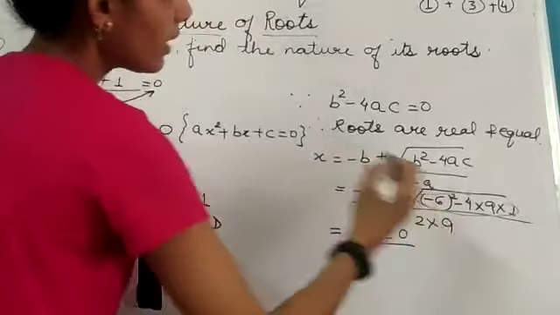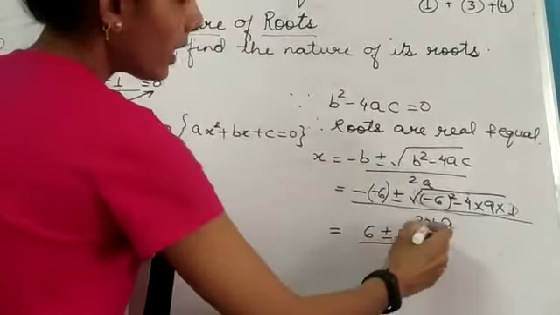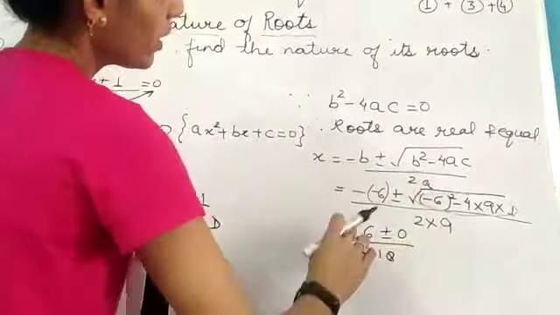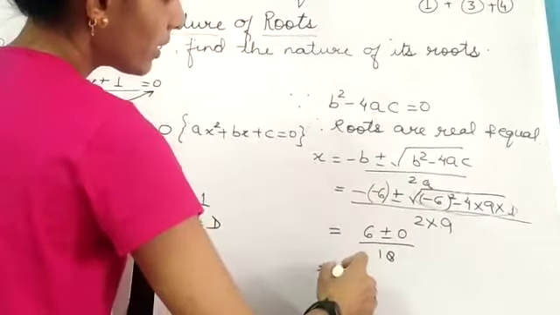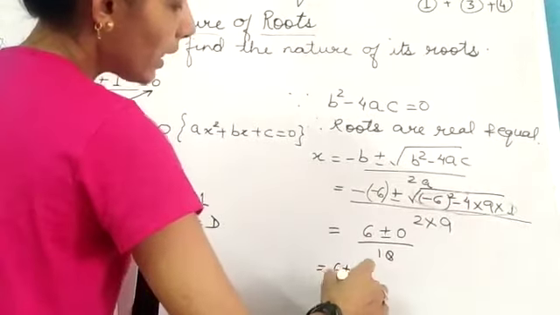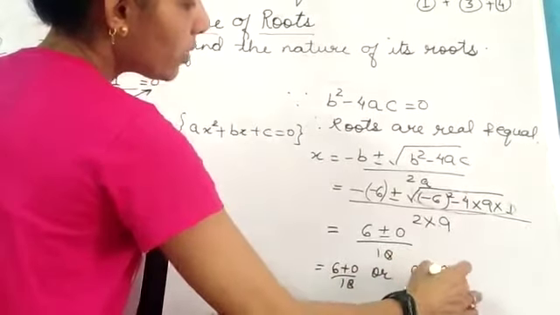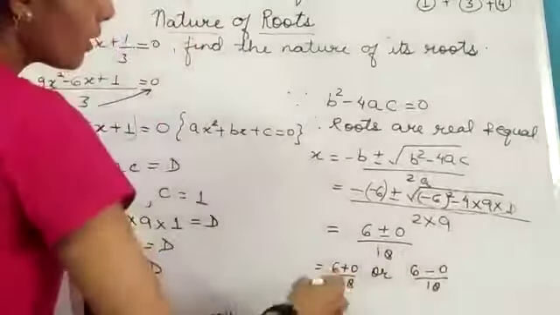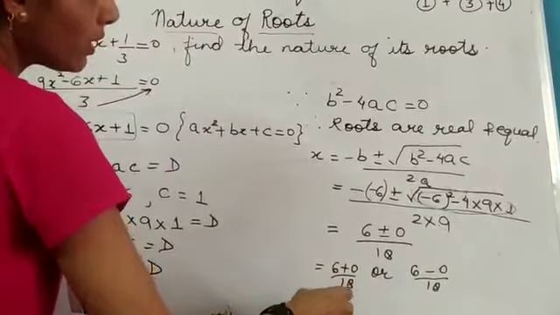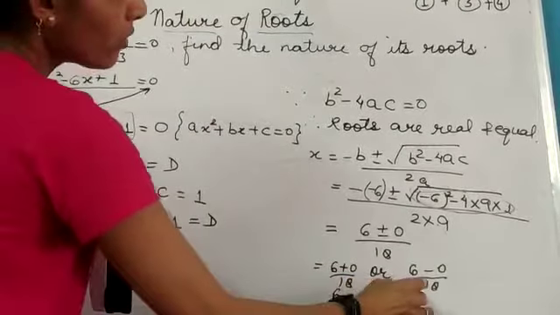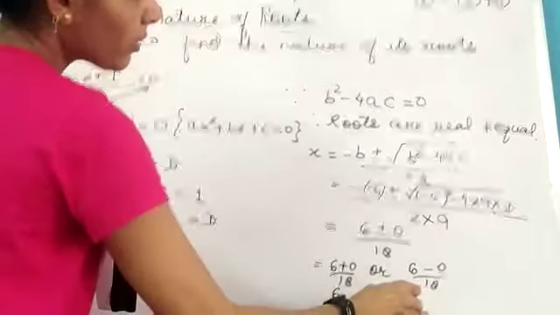So I am writing here 9. So it will be 9 into 2 will be 18. That means you can write it as 6 plus 0 by 18, or you can also write it as 6 minus 0 by 18. So this will give you just 6 by 18 value, and this will also give you 6 by 18.